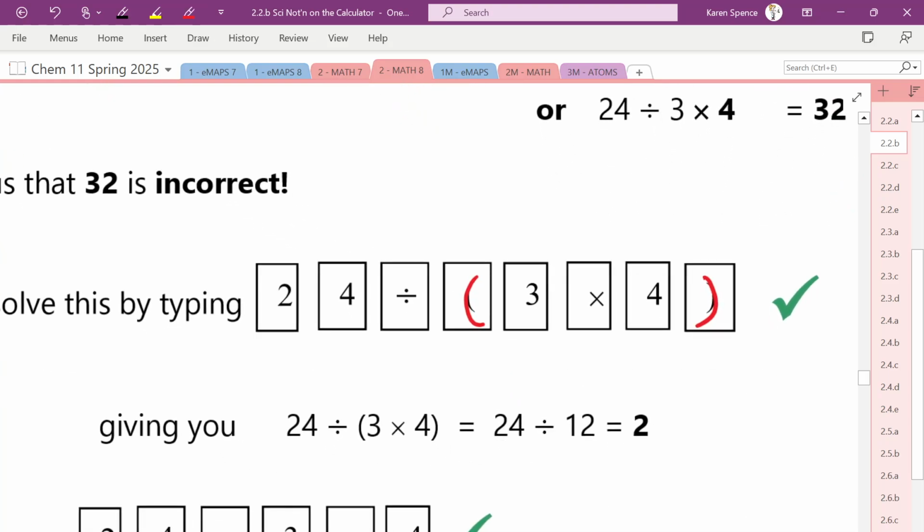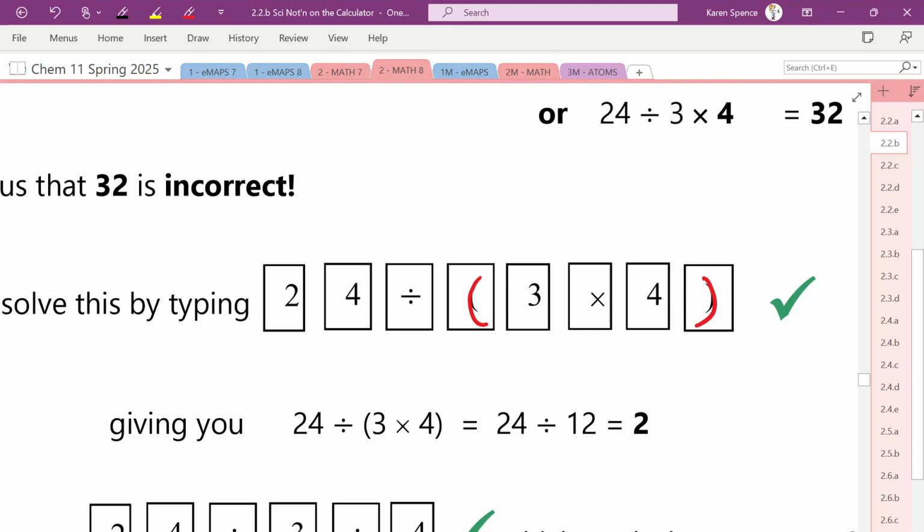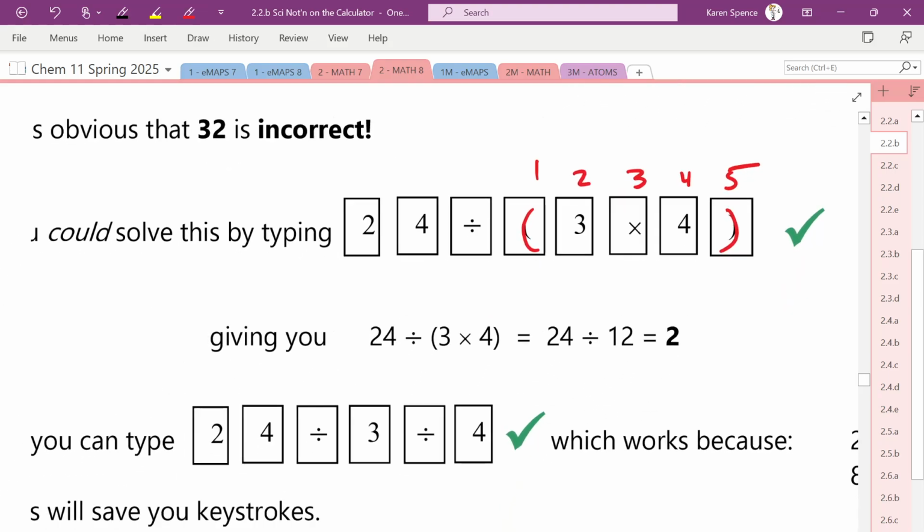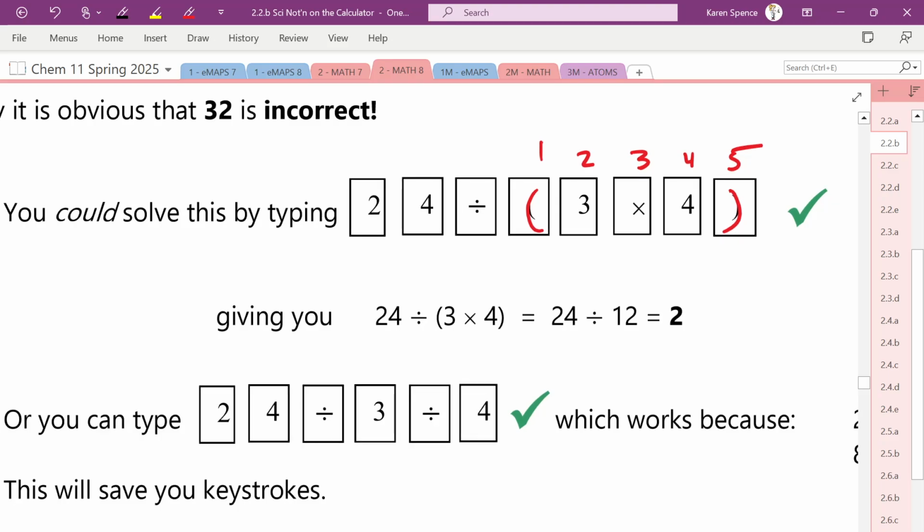You can put the stuff in the denominator in brackets. Once again, you're going to have 5 keystrokes. Or, this one doesn't save you as many: you can type in divided by 3 and then divided by 4. Because you want to take 24, divide it by 3, and divide it by 4.